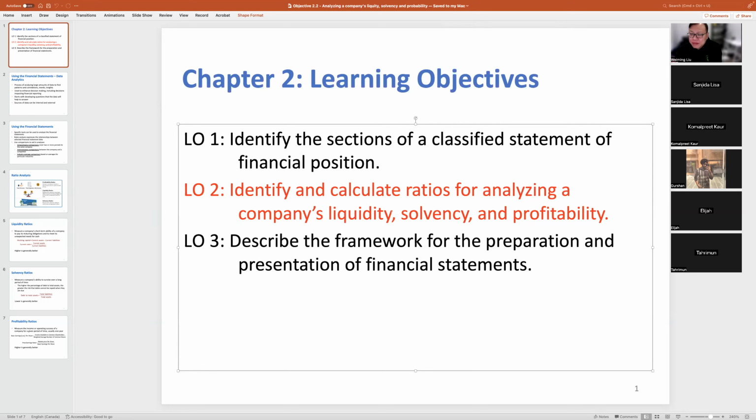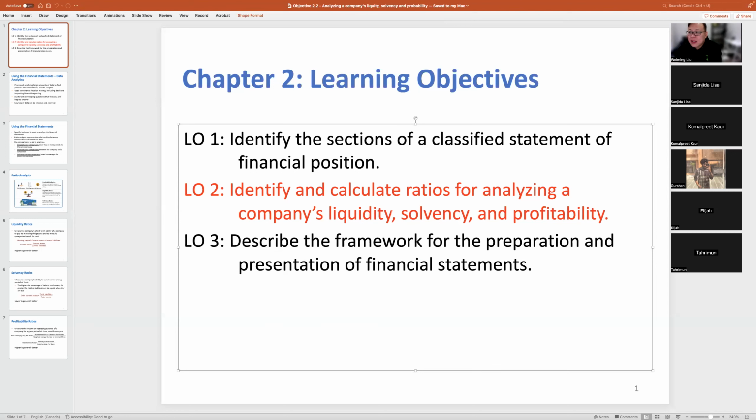For example, cash is already cash, right? What about accounts receivable? It won't take you more than 1 year probably to collect the money from the customer. As soon as the customer pays you, you receive the cash, so that accounts receivable has been converted to cash.